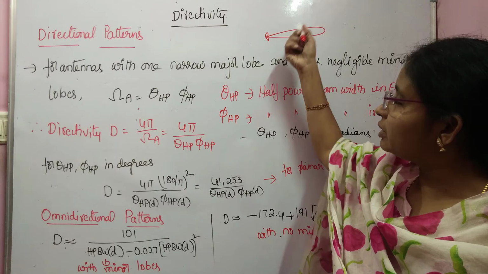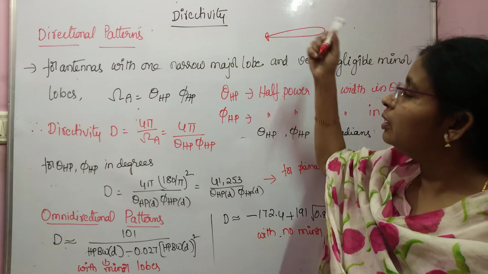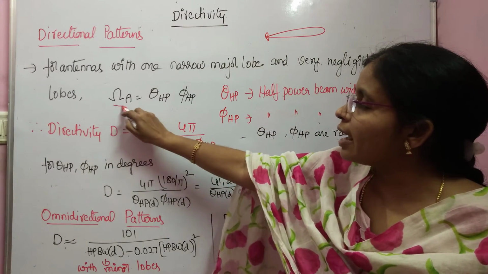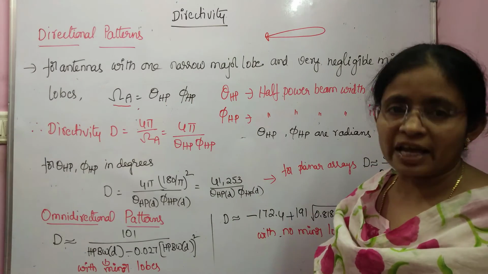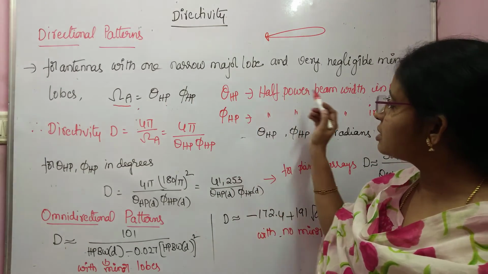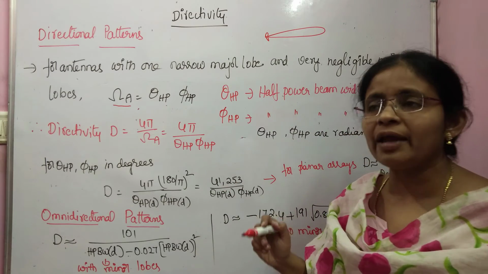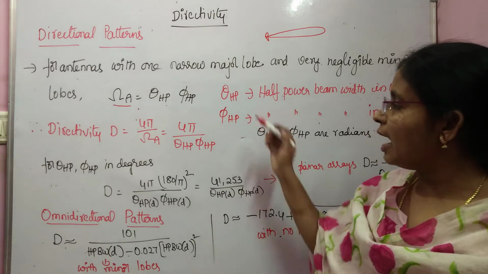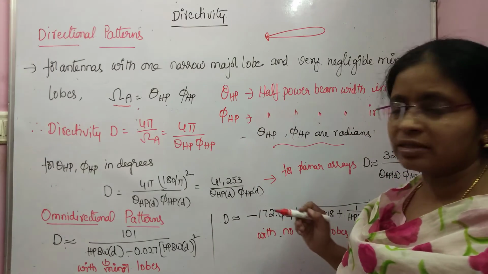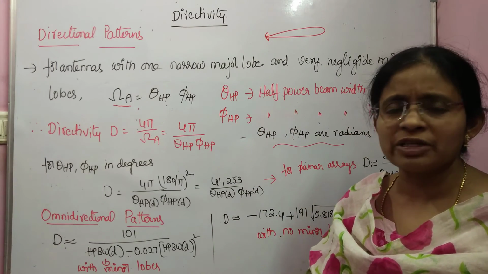For this type of radiation pattern, means only major lobe is the maximum thing here and you can neglect the minor lobes. For this type of radiation pattern, yes, the beam solid angle omega A can be written as theta hp into phi hp, where theta hp is the half power beam width in theta plane and phi hp is the half power beam width in phi plane, and these two are in radians. The half power beam widths will be measured in radians.